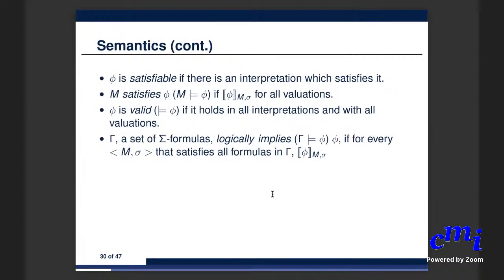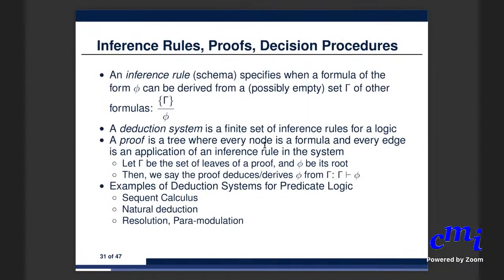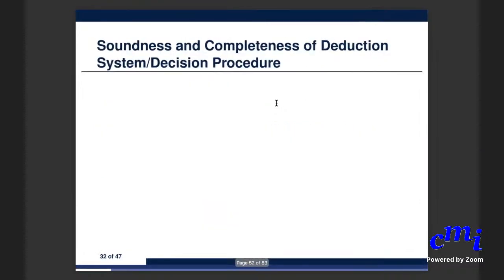And we also defined it in a semantic way, based on whether all possible models in which every formula in gamma is satisfied also satisfy phi. Completeness and soundness relate this semantic notion of logical implication with the deductive notion of logical implication. This is more like a mechanical derivation. That's what this says.